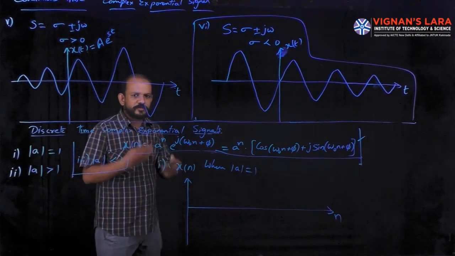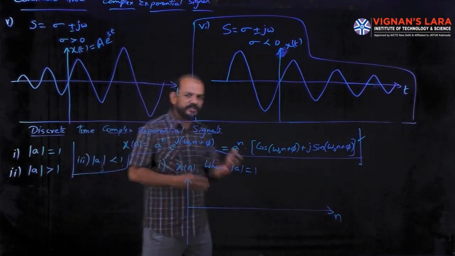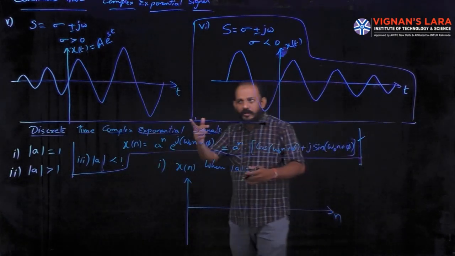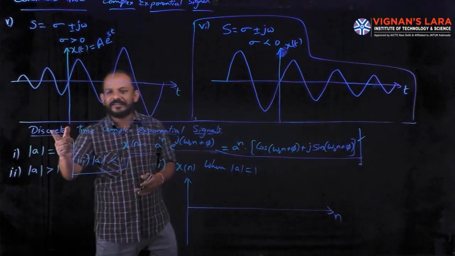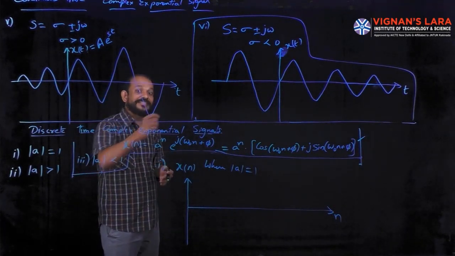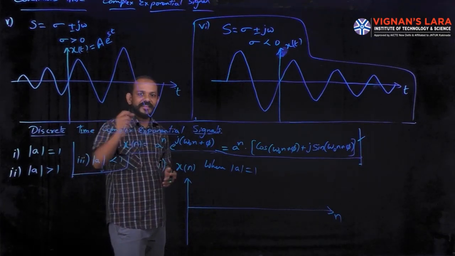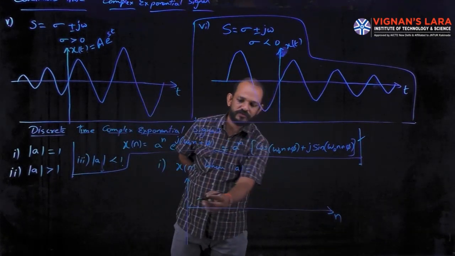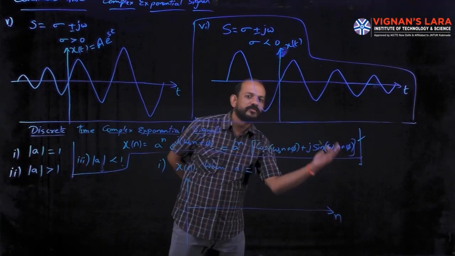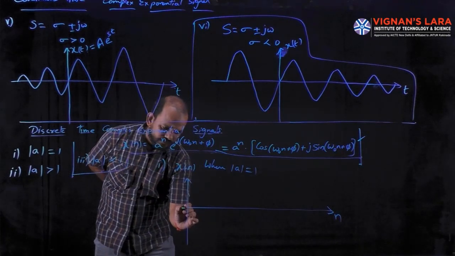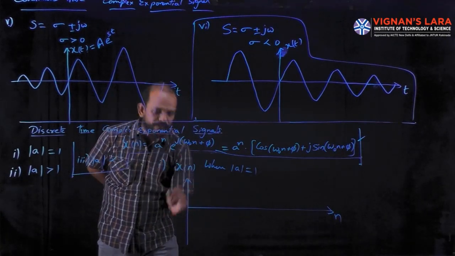In some textbooks or representations, they represent this as a discrete time complex exponential sequence. Why? Because the n value is 1, 2, 3, 4, 5, and so on. That is why they treat it as a sequence. Now, here the waveform is starting here.